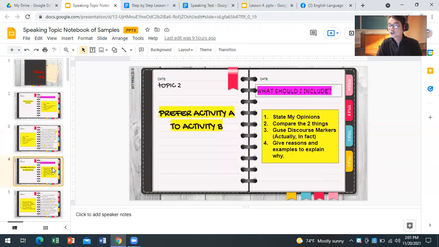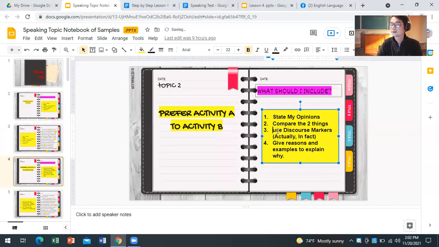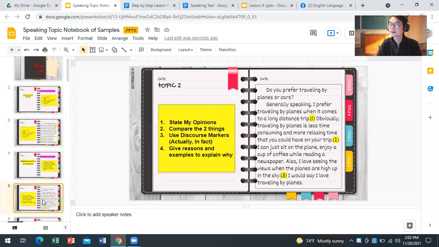And topic number 2 is preferring activity A to activity B. These are the things that I need to include in my speaking. And the same thing, when I write, I will number them and make sure that I have them, okay?